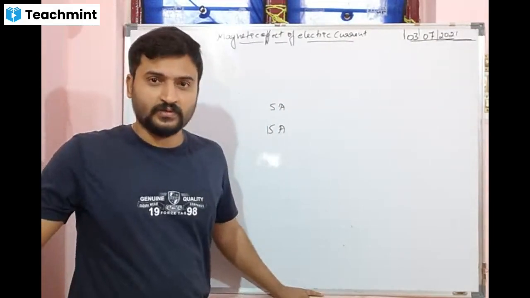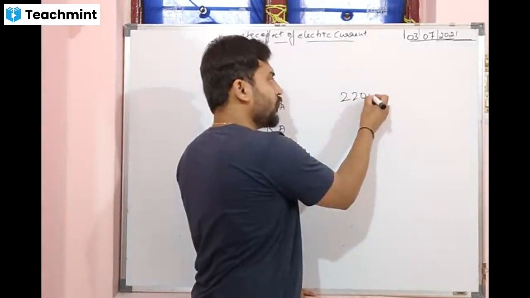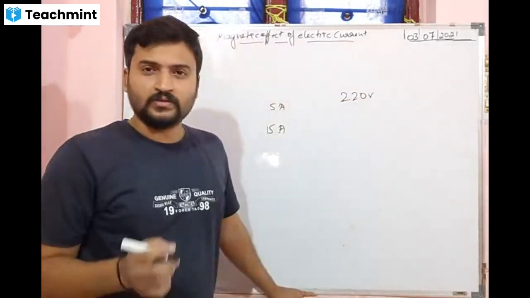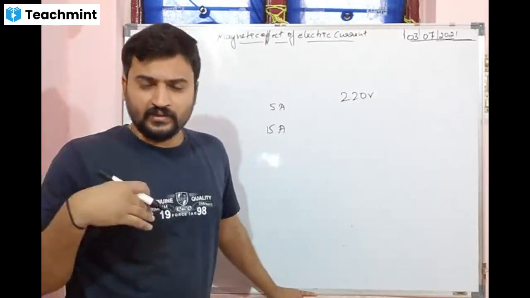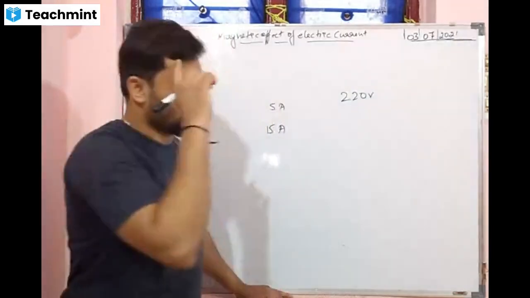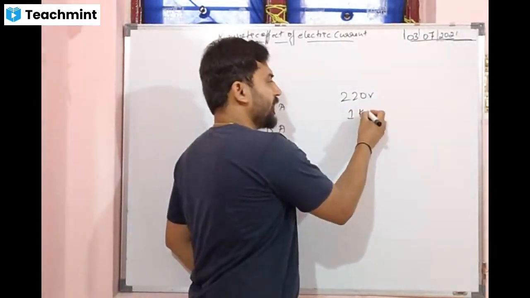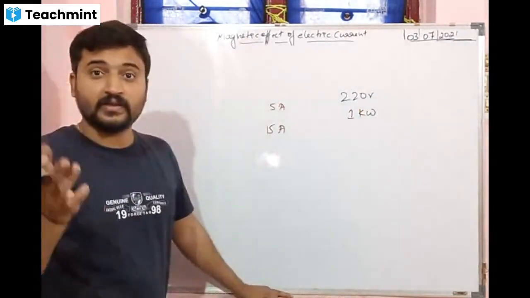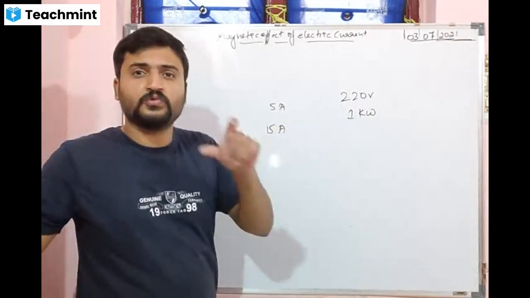What kind of problems? In a house, we are having 220 volts of potential difference. If the instrument, the geyser I am using, is nearly 1 kilowatt, they ask what ampere of fuse we will suggest.